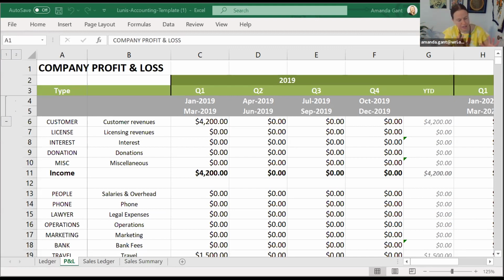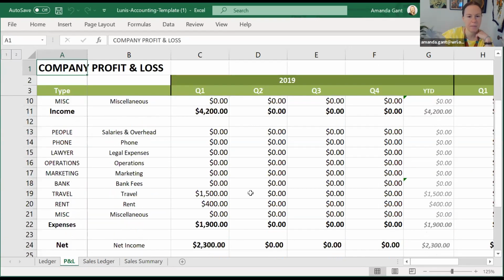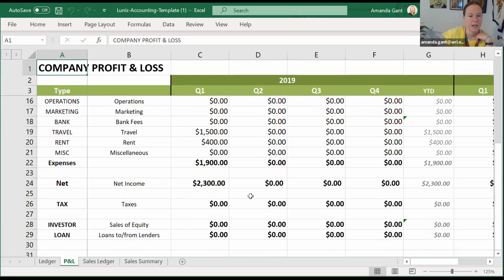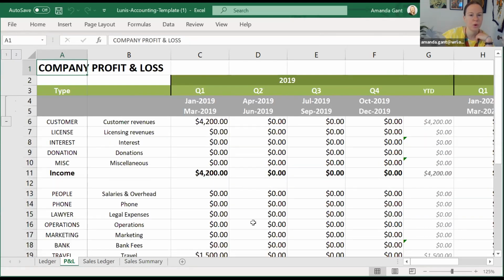There may be other things, like a cash flow statement, but what's really important right now is how to go from your ledger, your history of what's happening, to your P&L. A lot of times the P&L is really just a grouping of different transactions from your ledger. And the great thing about what Looney has set up is that he's set up this template in a way that can group it for you.